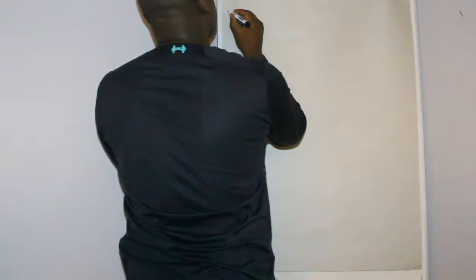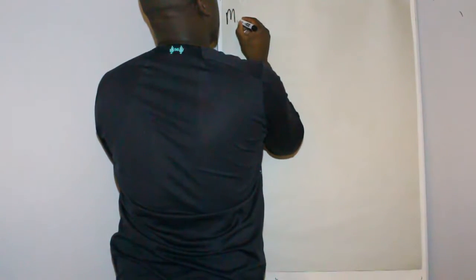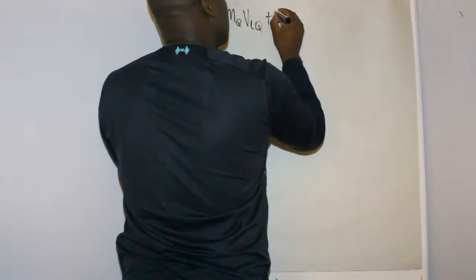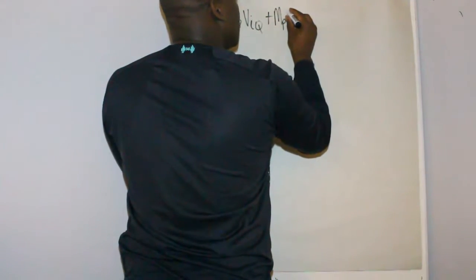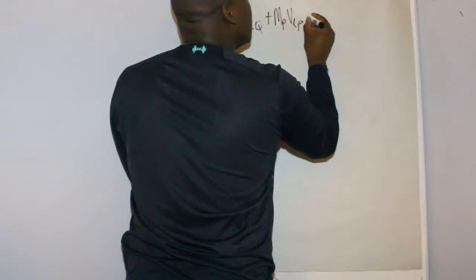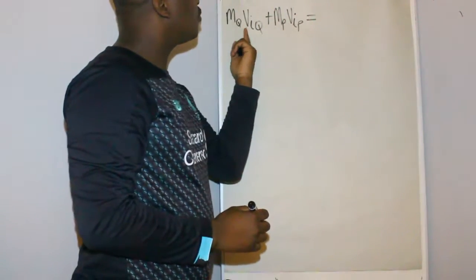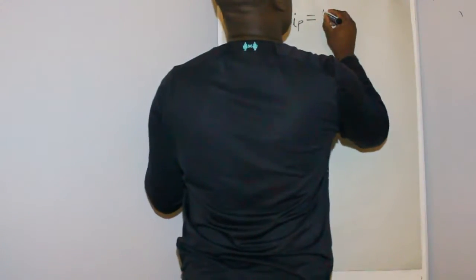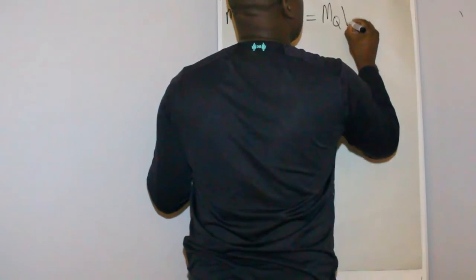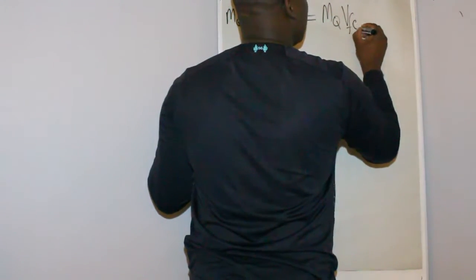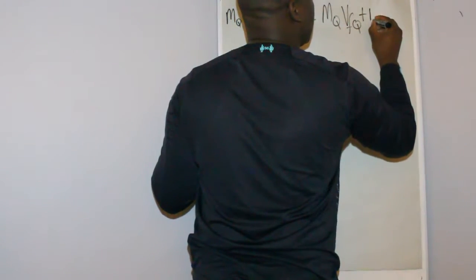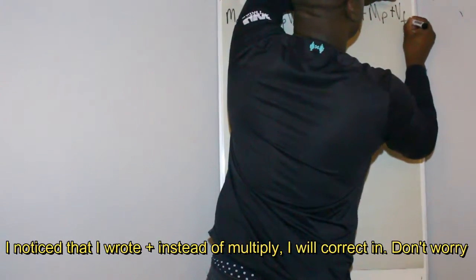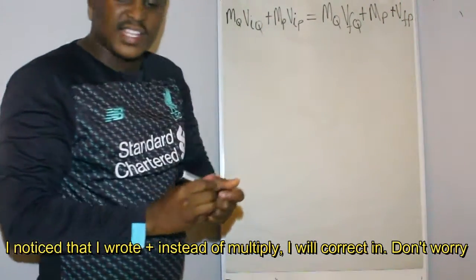So I said it's MQ VIQ plus MP VIP, which is the initial momentum of Q plus the initial momentum of P, is equal to MQ VFQ plus MP VFP. This is it.